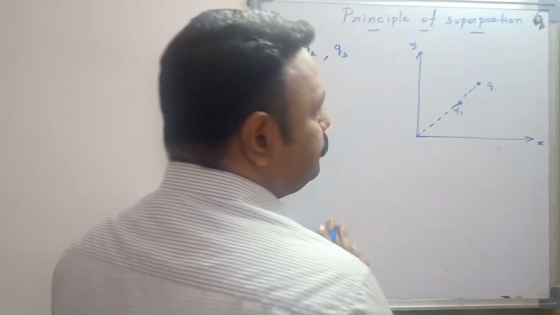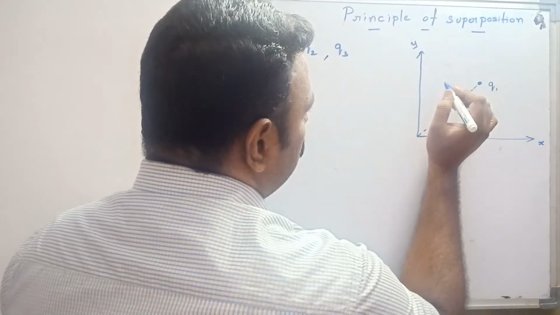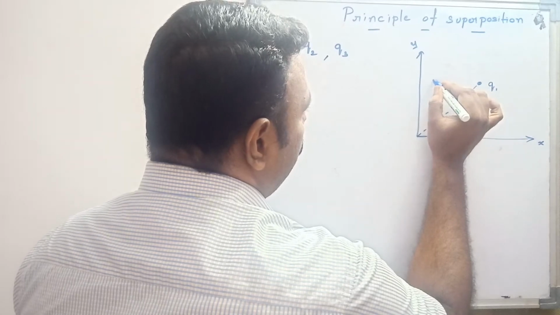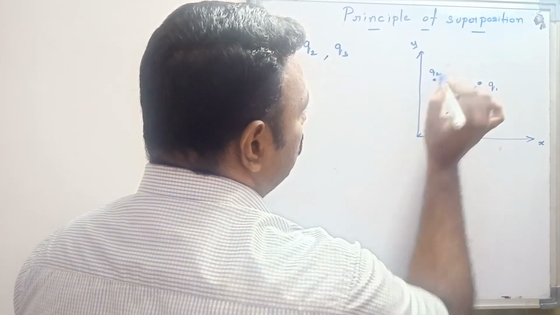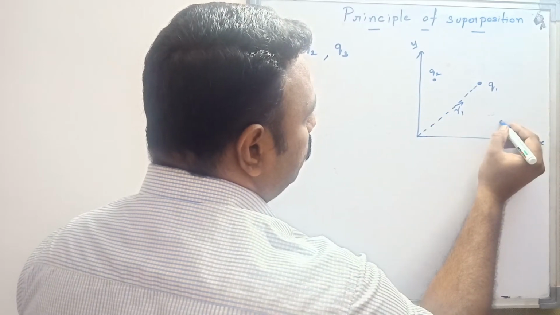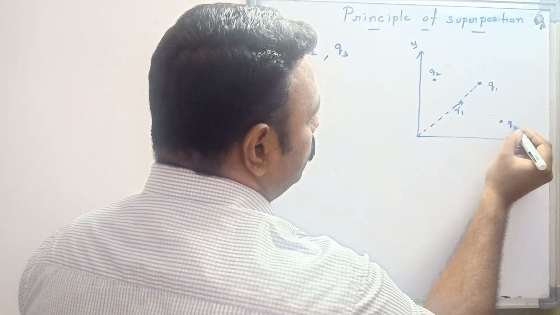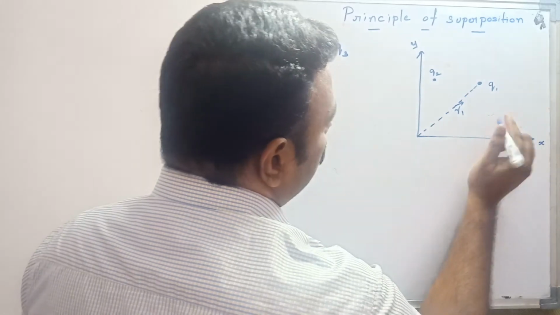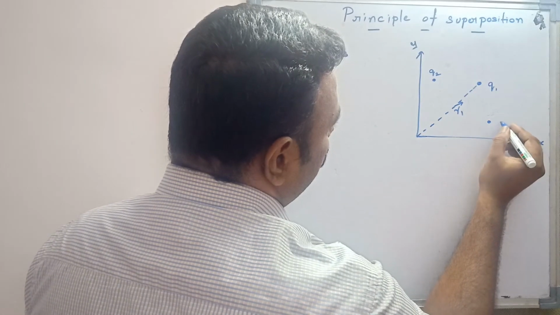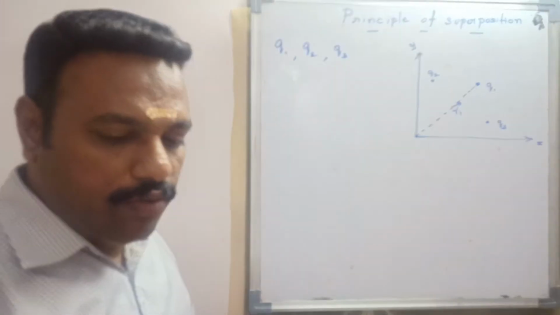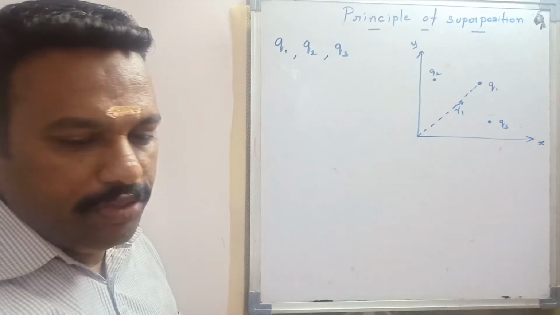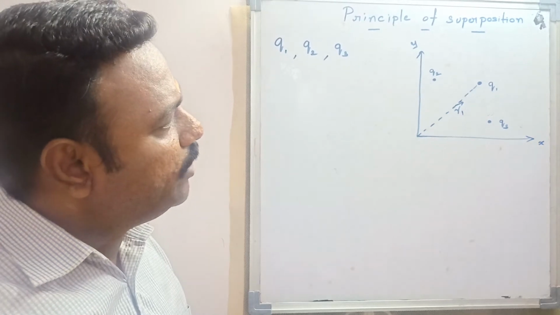Same way, here we can imagine another point at which the second charge is located. Imagine another point where Q3 is located here.